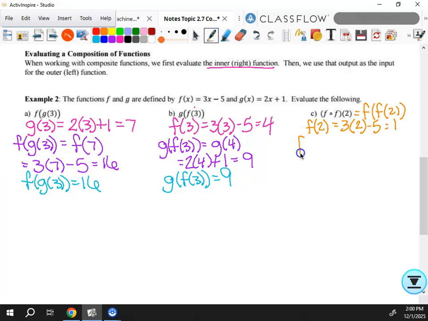Then I want f of f of 2, which is f of 1. And that will give me 3 times 1, minus 5, which is negative 2. So f of f of 2 equals negative 2.